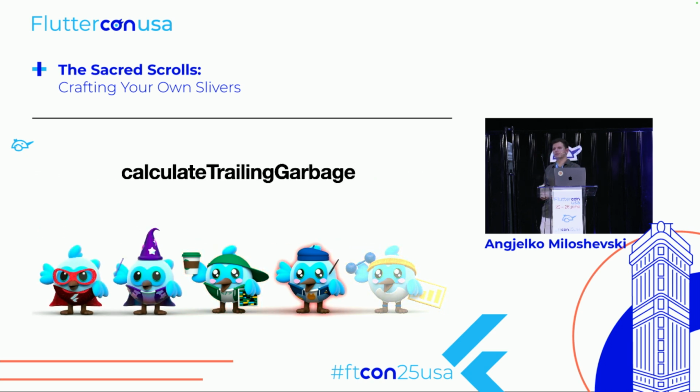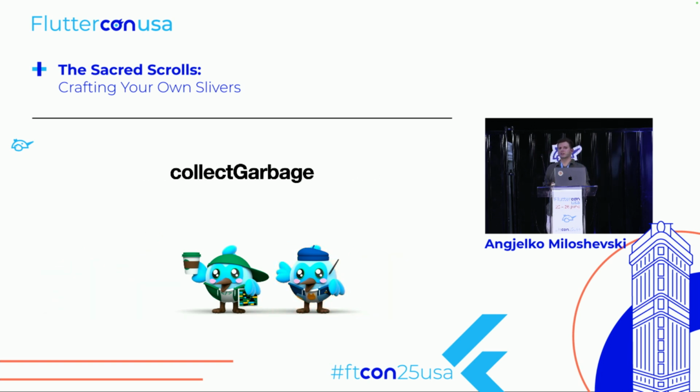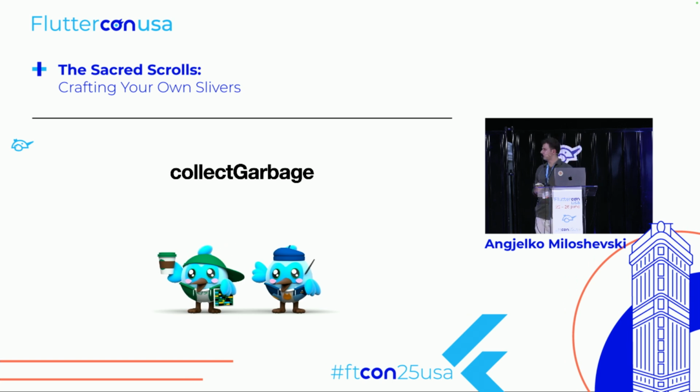And of course, we have the opposite one, calculate trailing garbage, which calculates the amount of children after the index provided. Then when we have those numbers, we can pass them to collect garbage, which accepts a leading amount and a trailing amount, and it will do the cleanup under the hood.